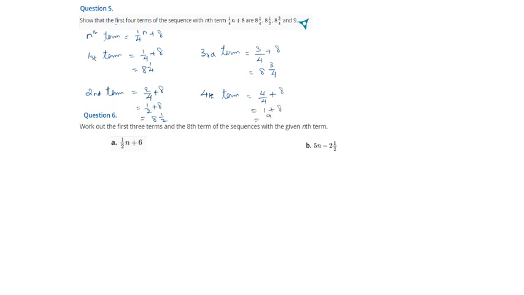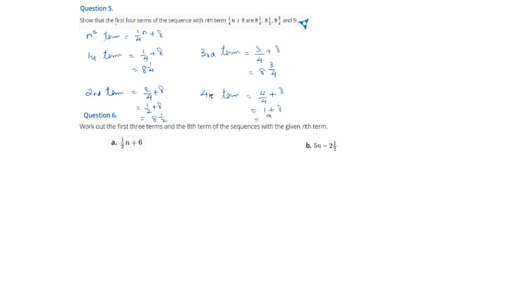So here we can see we got all the 4 terms: 8 1 by 4, 8 1 by 2, 8 3 by 4, and 9. Moving on to the next sum.